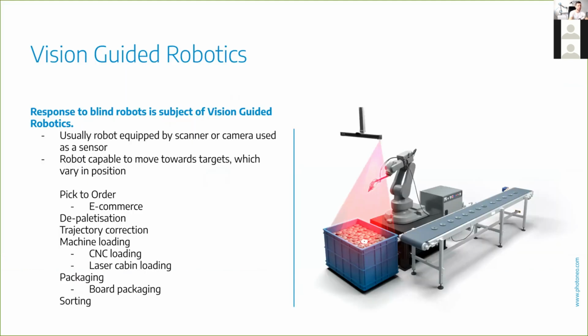With vision guided robotics, we have a little bit of experience. A lot of vision guided robotics is built on top of two-dimensional cameras. You may be used to smart cameras with processing in them, or just dumb cameras connected to vision systems, and then the vision systems process everything.